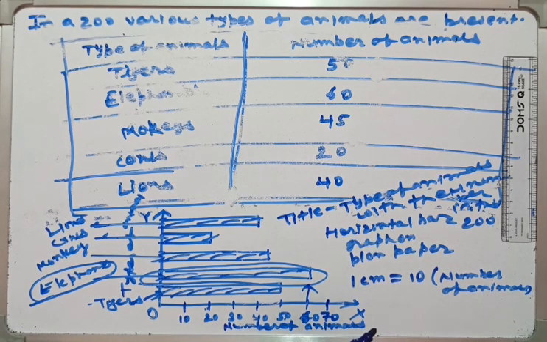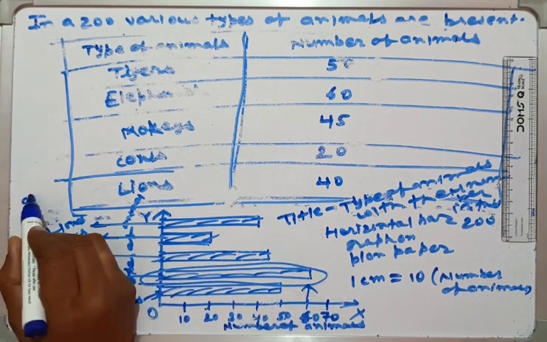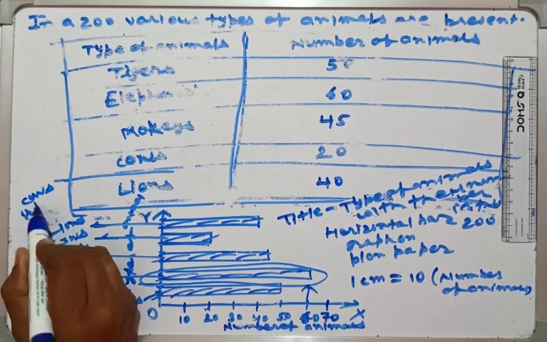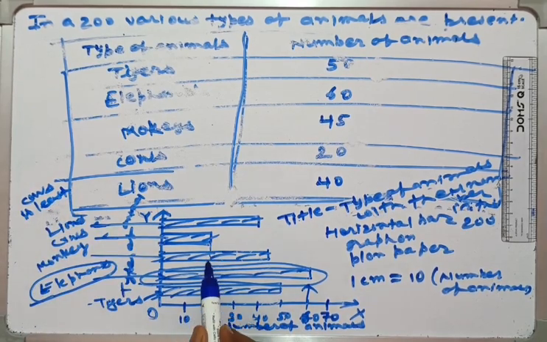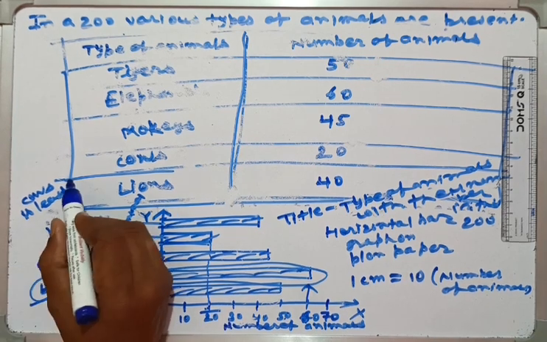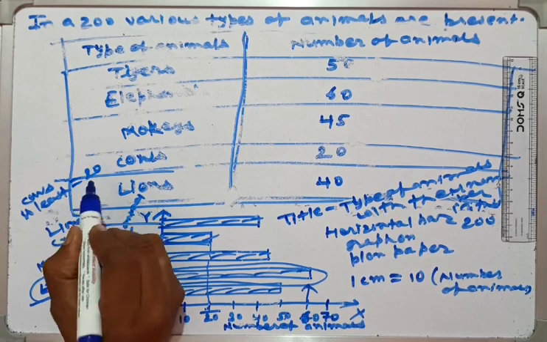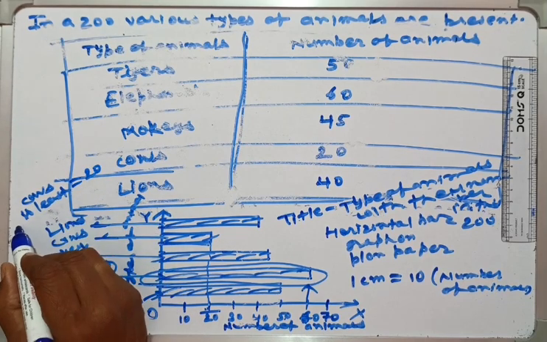Again, somebody asks you which animal is least in this zoo. So you again see which bar's length or height is low. This one is low, so cow is the least in number. And again you go down, this number is 20, so you can say there are 20 cows in this zoo.